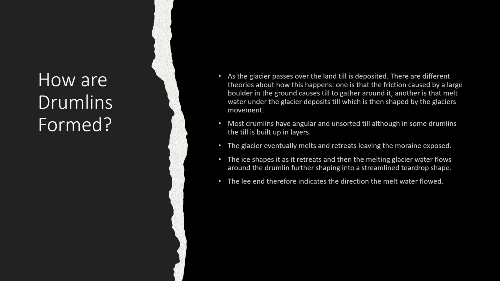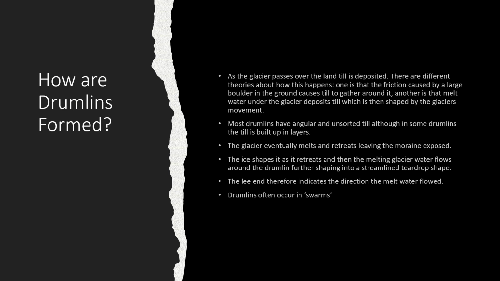The lee end, that's the long, shallow end, therefore indicates the direction the meltwater flowed, because if you imagine the ice melting and washing, all that water washing around this big pile of angular, unsorted moraine, then that water is going to streamline and shape it into a smooth teardrop shape, with the pointy end pointing in the direction that the meltwater is flowing.